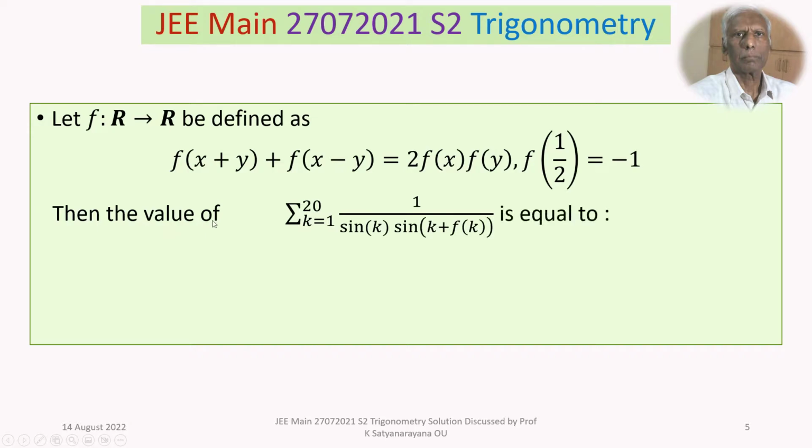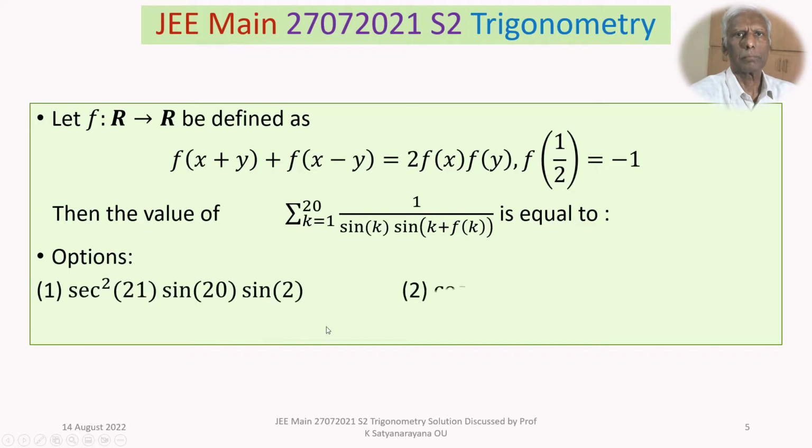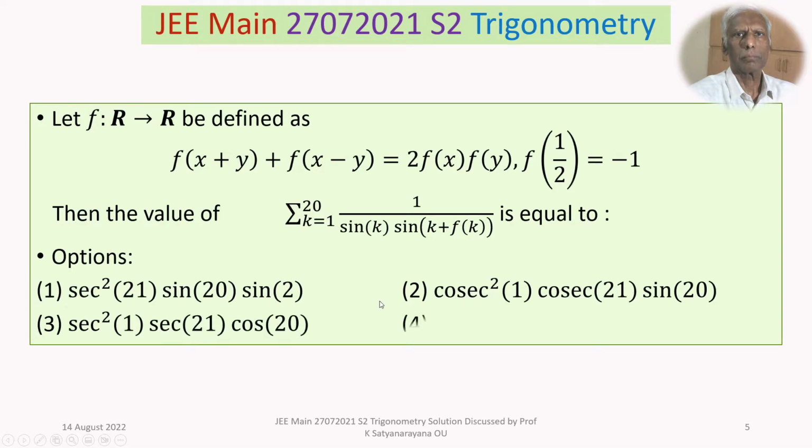Then the value of sigma k is equal to 1 to 20, 1 by sin k into sin of k plus f of k is equal to. We are given 4 options. So these are the 4 options given to us.